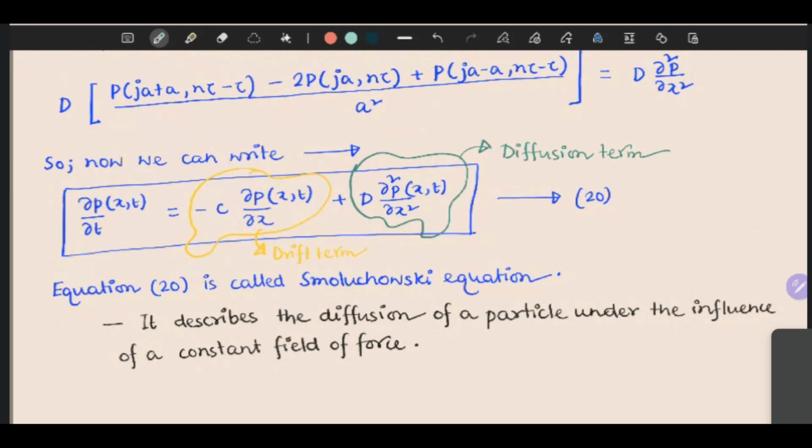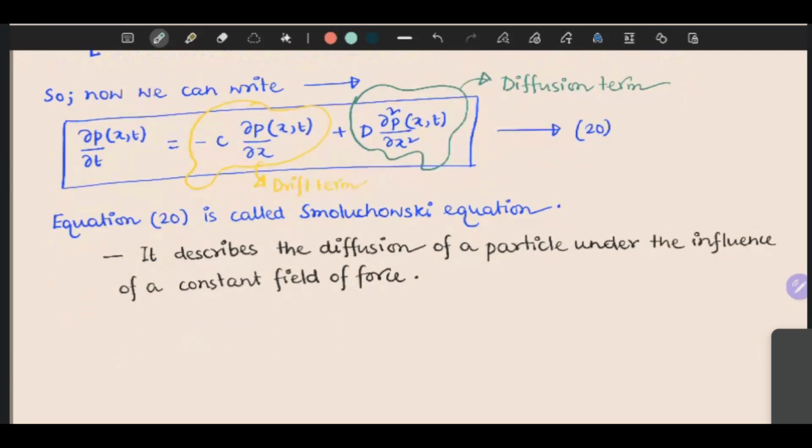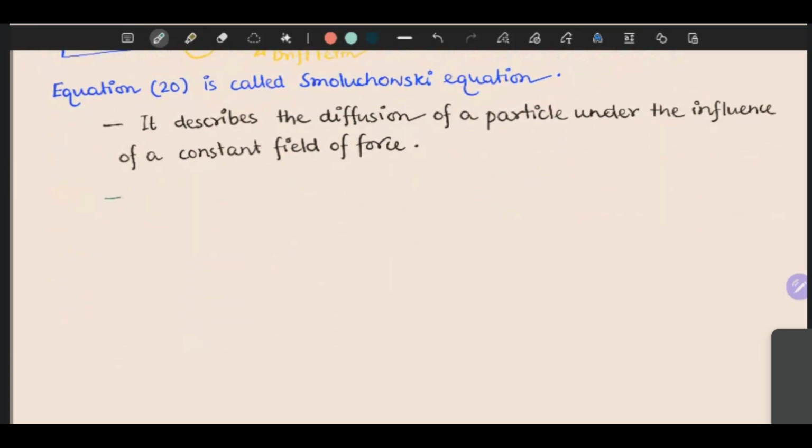Okay, and this c is called the mean drift speed.